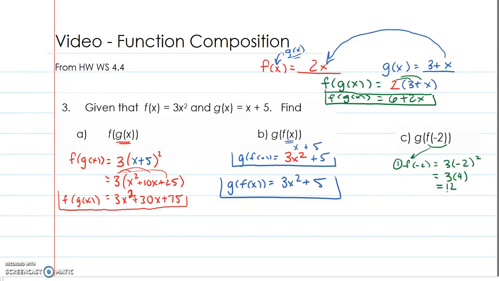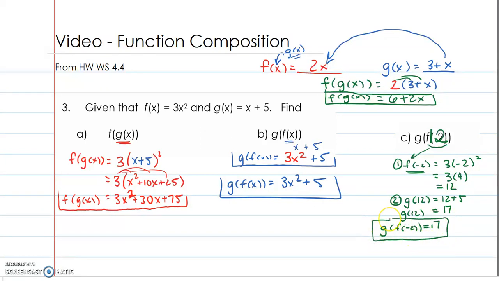So if we take that output, the output of 12, we can just plug that in. So the first step would be to work the inner function, and then the last step would be to take the output of that inner function and just evaluate it into g. So I get g of 12 equal to 17. So rewriting that, we'd have g of f of negative 2 equal to 17. And we can keep it like that.